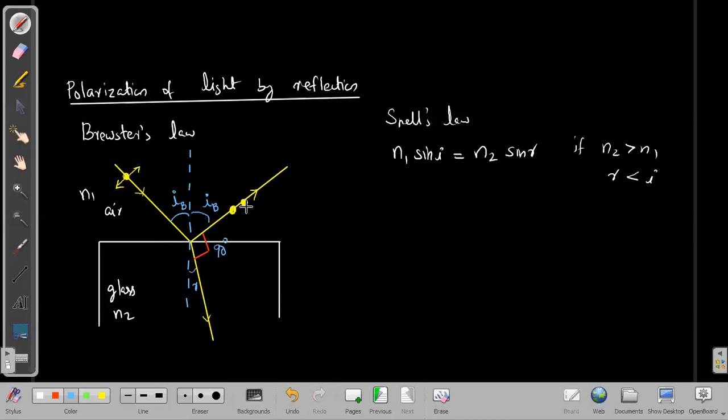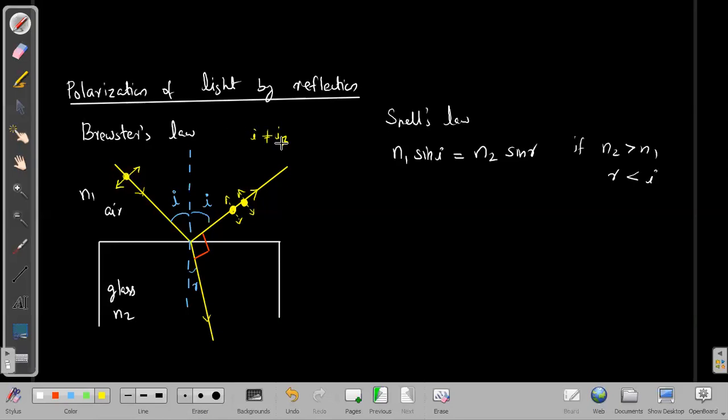If I is not equal to IB, then what would happen? Obviously we'll have both polarizations, the dot and the arrow.